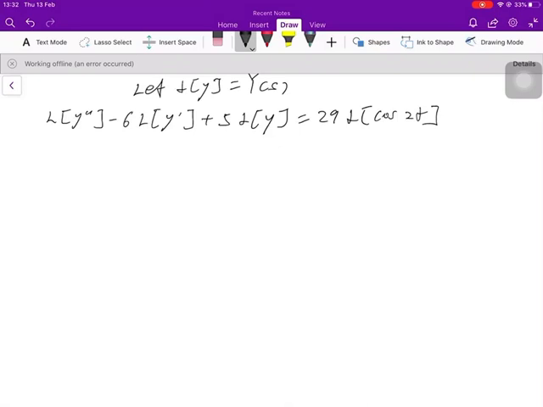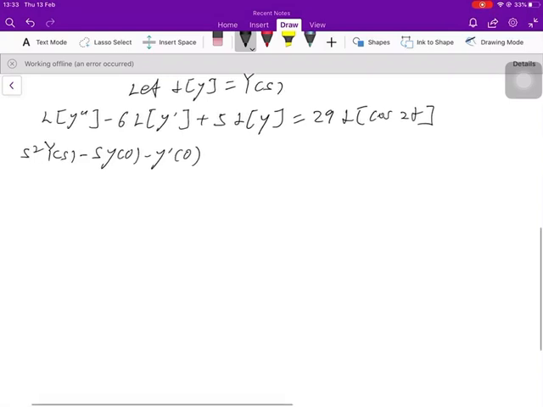So we're going to find the Laplace transform for each of these terms. The Laplace transform of the second derivative is equal to s squared Y of s minus s y of 0, which is the initial condition, then minus y prime of 0. That is the Laplace transform of the second order derivative. For the first derivative, this is equivalent to s Y of s minus the initial condition y of 0.